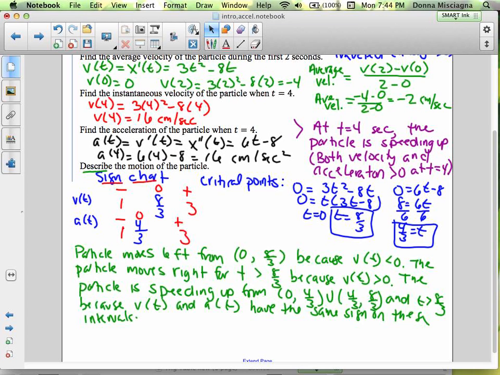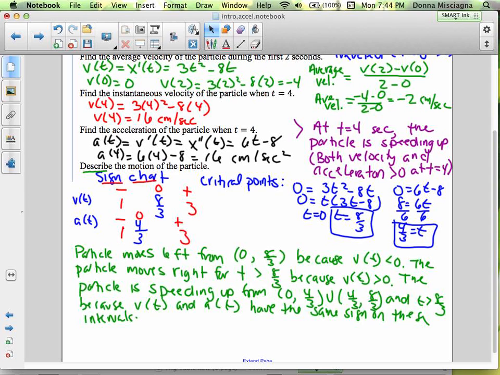If our velocity is 0, because we're turning around, it's kind of hard to say that we're speeding up. But right after we turned around and our velocity was 0, we just kept speeding up. So make sure you don't write it's speeding up everywhere.